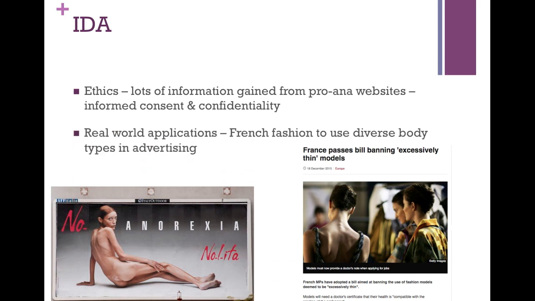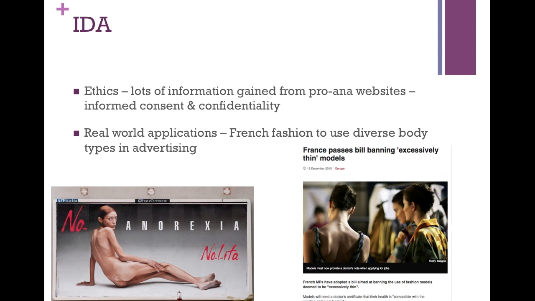The second thing that's looked at is this has obviously got massive real world applications, and so one area is obviously the media, so that's something you can look at, and we can look at media, advertising, TV, magazines, and look at whether what they're doing actually has an effect in the real world. And well, the French seem to be kind of leading the way on this.